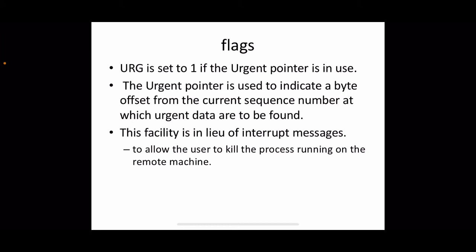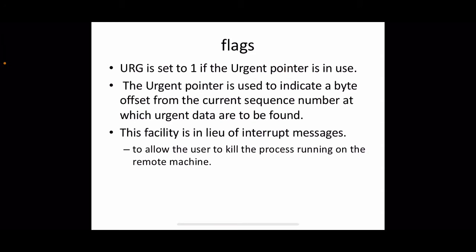If the URG flag is set, that means the corresponding segment carries some urgent data, and that urgent data is there in the data segment part, which is pointed to by the urgent pointer, another field in the TCP segment header. So if URG is set, the urgent pointer points to the start of the corresponding urgent data.